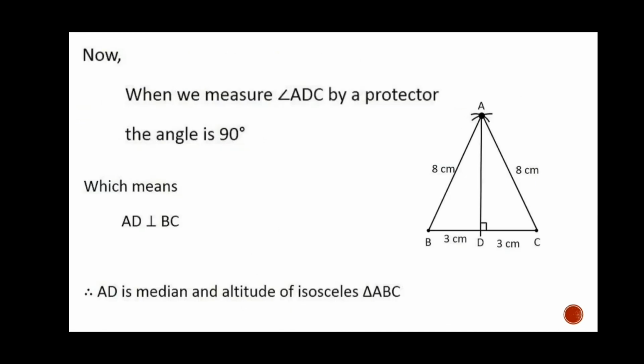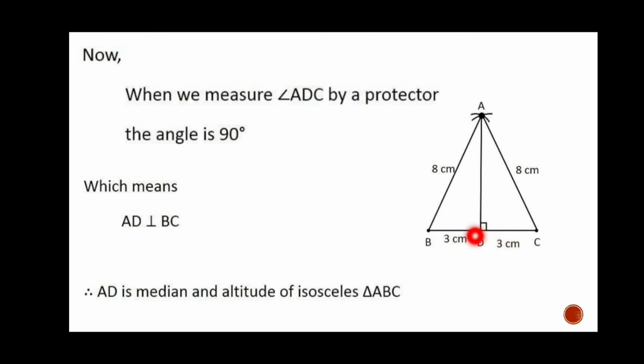Now if we measure the angle at D, we will find that it is 90 degrees, which means that AD is perpendicular to BC. Now you can see, children, both cases are satisfied. First, the median case, where the line joining to the opposite side divides it into two equal parts.